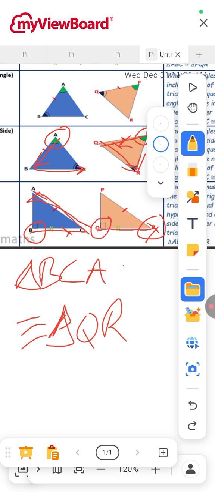Then I pass through the hypotenuse down towards angle P. That's QRP. So I'll say triangle BCA is congruent to triangle QRP. BCA is congruent to QRP.